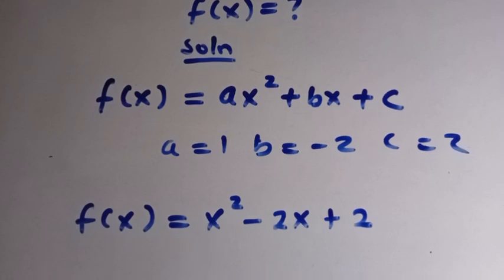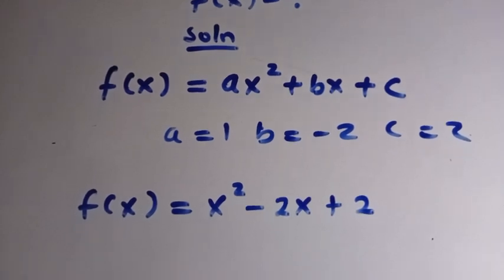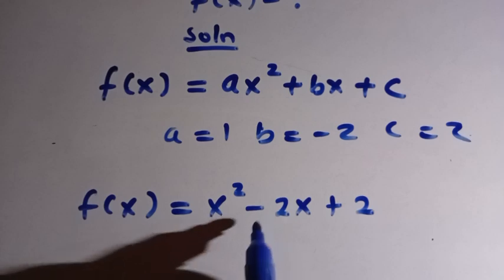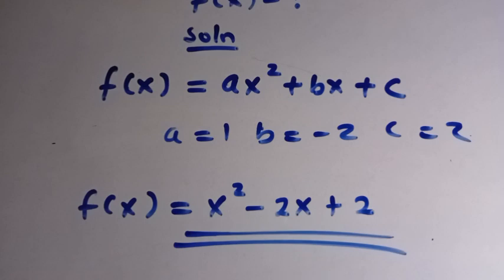So here is the final answer to this. The only difference is that in the given question we have plus 2x, while in this one we have minus 2x. So this is how to solve this.